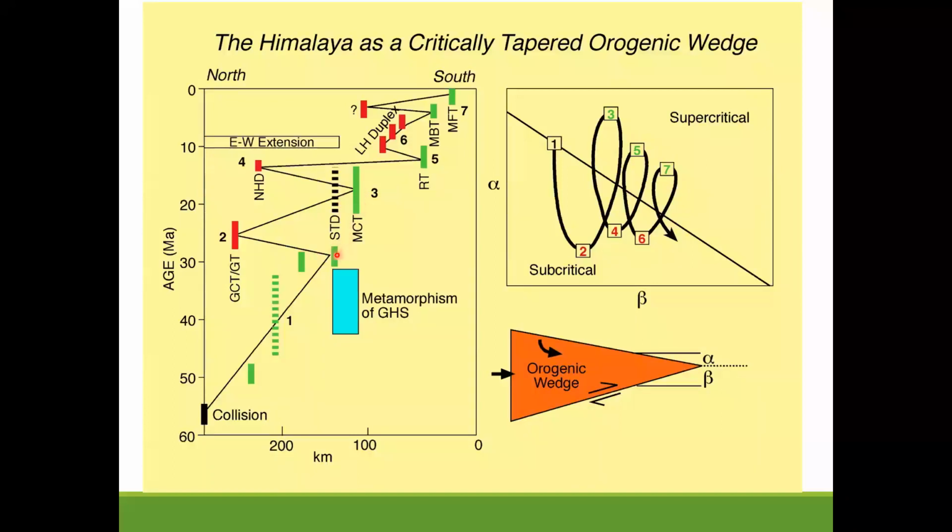But if channel flow was such that it would actually stop the whole conveyor belt of your Himalayan wedge, then you would not get these in-sequence thrusts subsequently. It would stop. But there is evidence that this whole process has continued unabated.